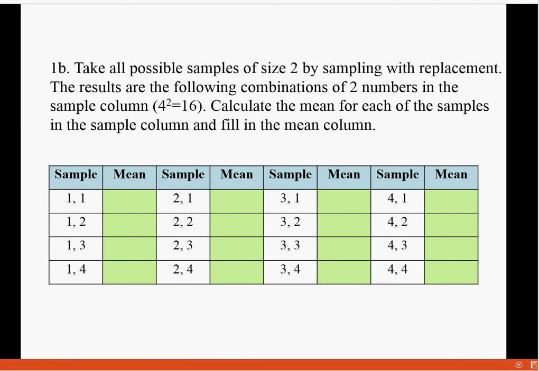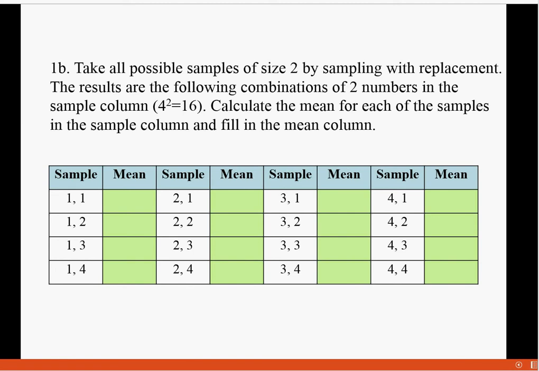So from a pool of 4 numbers, you take all possible samples of 2 numbers, and the total is 16 possible combinations, and that is what we have here.